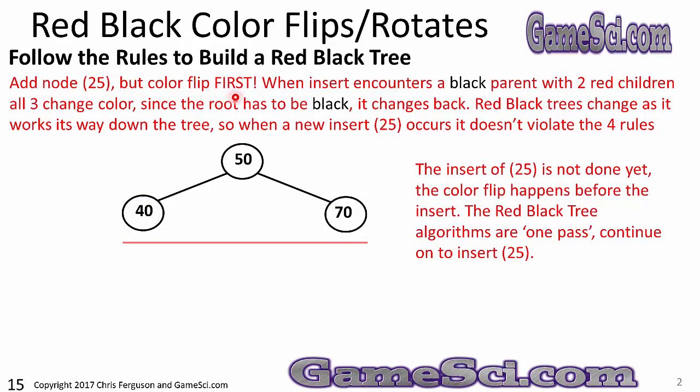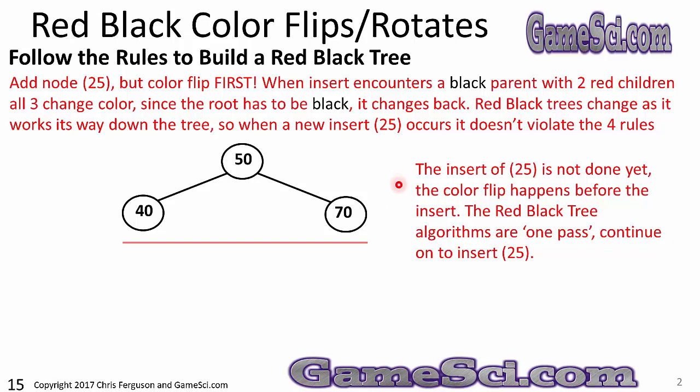But color flip first. Huh? When insert encounters a red parent with 2 red children, it will change all 3 colors. Since the root has to be black, after it color flipped to red, it immediately changes back to black. Red-black trees change as they work their way down, so when a new insert of 25 occurs, it doesn't violate the 4 rules.